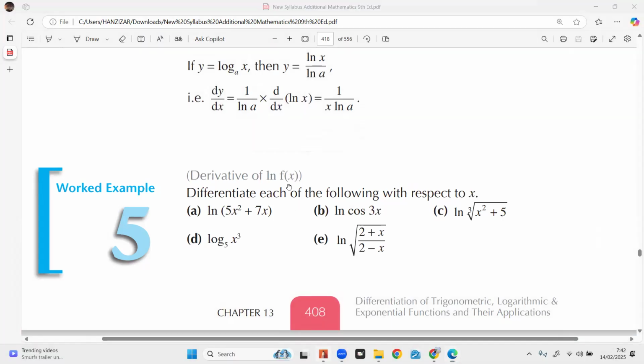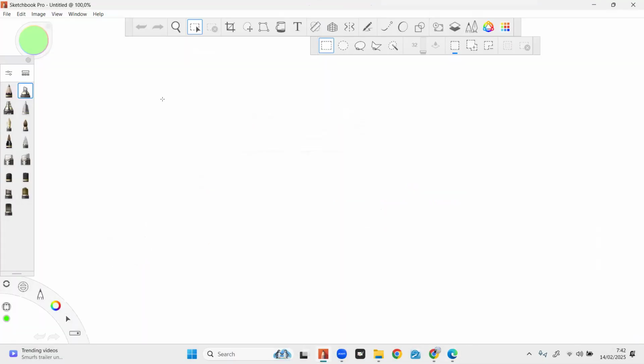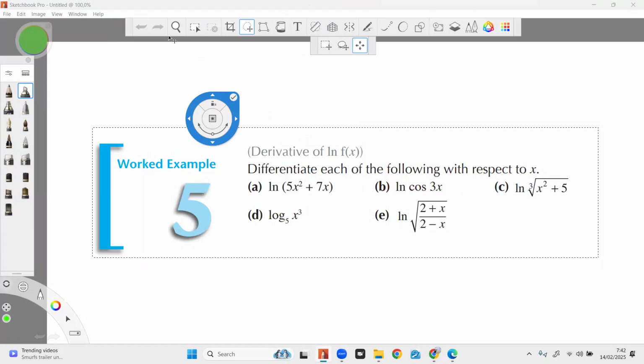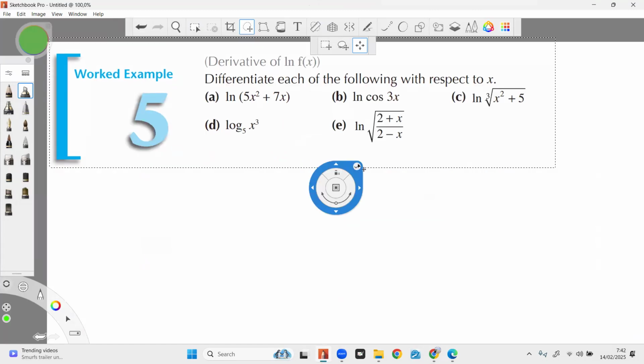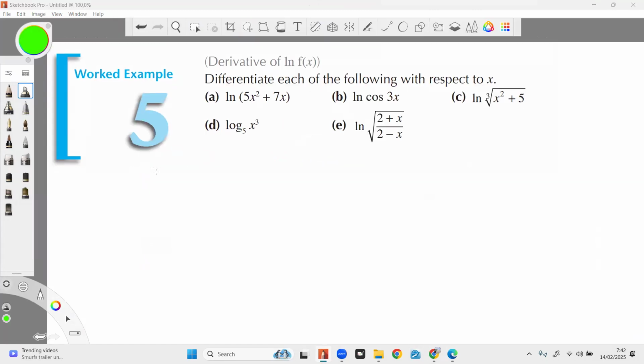Okay, we will not do all. I just find some key questions that will enhance your understanding. We will do 5A and E. Oh, combined with the trigonometric function, A, B, E.